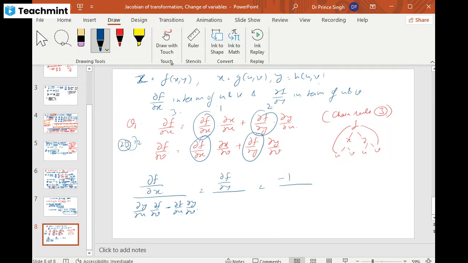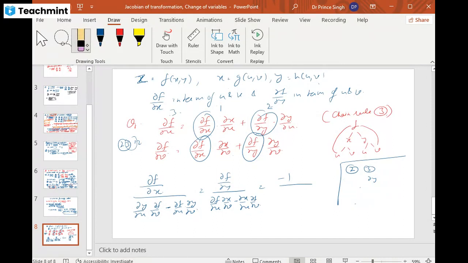So curly f upon curly u, curly x upon curly v, minus curly x upon curly u, curly f upon curly v. So what we have done is simply write the coefficients. This is 2: the second coefficient is curly x upon curly u, and here it is curly x upon curly v.